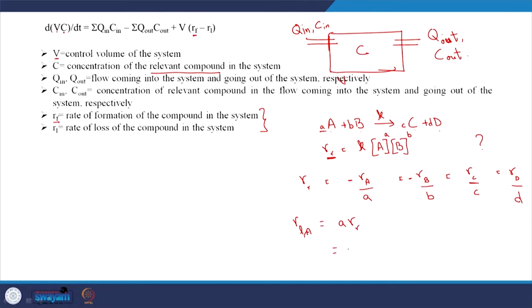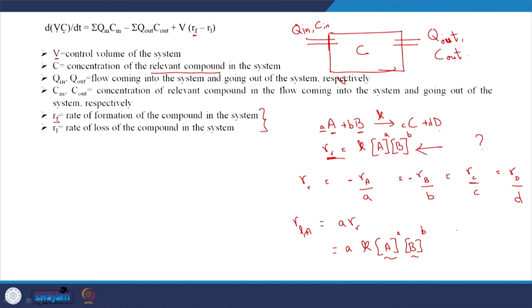So what is the rate of reaction? We have that out here: K times concentration of A raised to its stoichiometric coefficient, concentration of B raised to its stoichiometric coefficient. Why A and B? Obviously, because the rate of the reaction only depends upon the reactants and not that of the products.